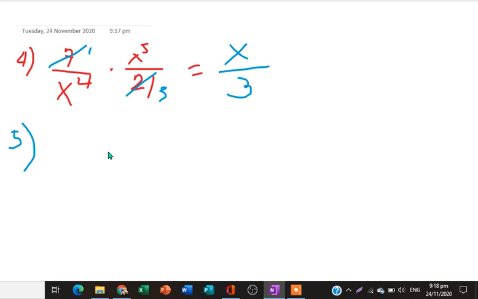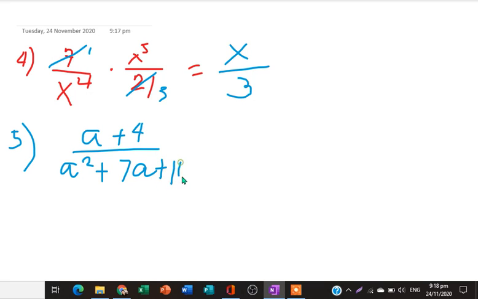Okay? Then, we have a plus 4 over a squared plus 7a plus 10. And then, by the way, class, you're going to use the different kinds of factoring to simplify multiplication and division of rational expressions.